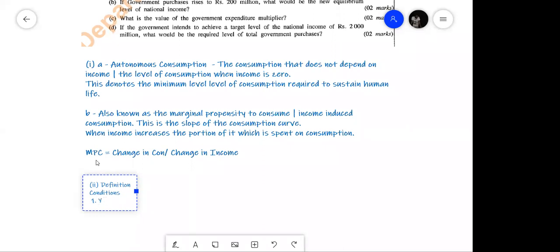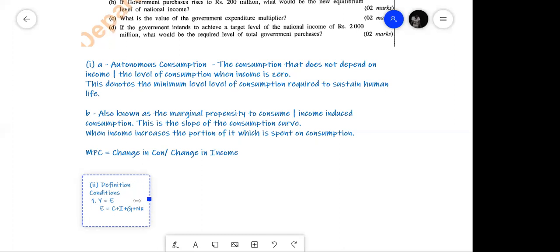So don't say Y equals E, say that the planned aggregate output should equal to the planned aggregate expenditure. So then you can say in an open economy, E is equal to consumption C plus I plus G plus net exports.